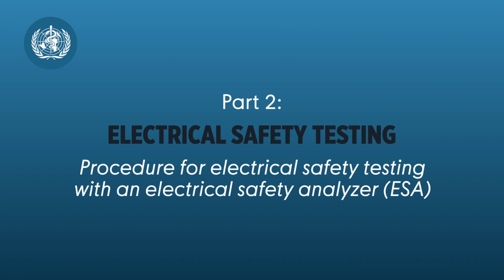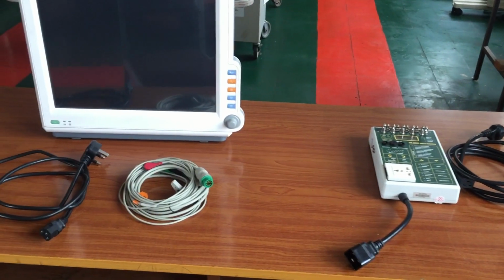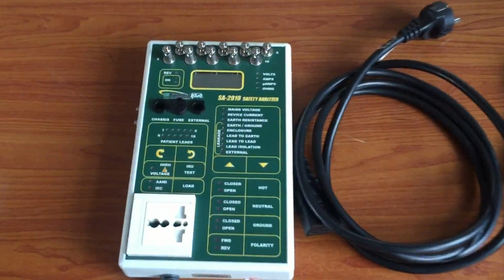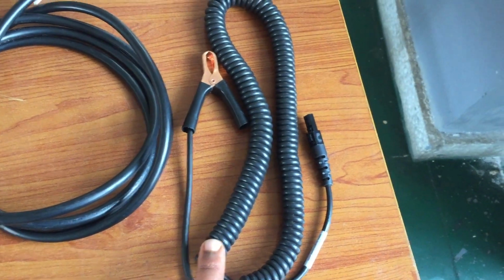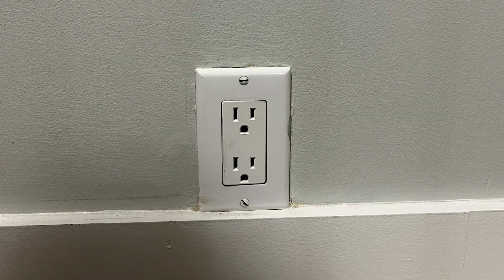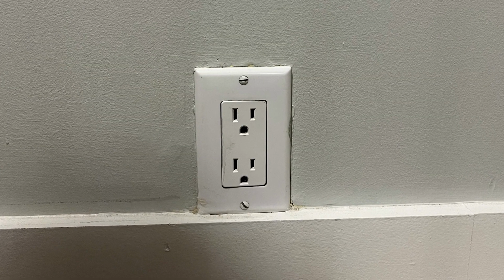Procedure for electrical safety testing with an ESA. To conduct electrical safety tests, you will need a medical device under test, an electrical safety analyzer or ESA with black chassis lead or cable, and a power receptacle with proper grounding.